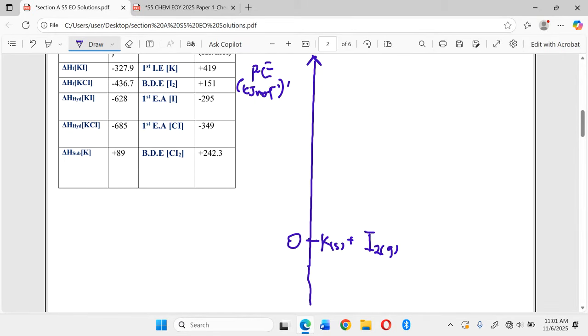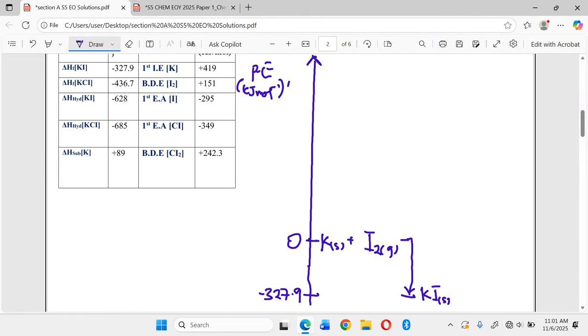Then what are we forming? Our product, formation of potassium iodide, negative 327.9. At this level is where we can put our product, which is potassium iodide, a solid.